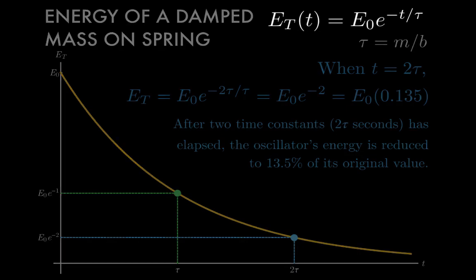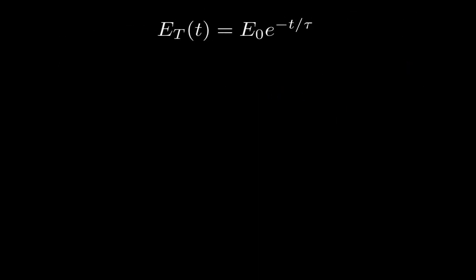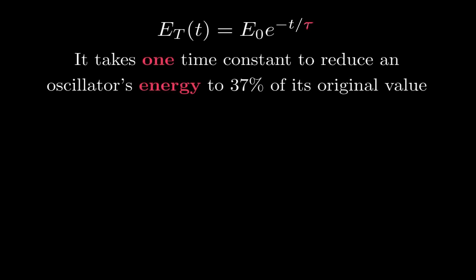So returning back to our expression here for the energy, we note that it takes one time constant to reduce an oscillator's energy to 37% of its original value. But we did some manipulation to get to the energy expression, and I want to look back at our original kinematic expression for the displacement, or the amplitude. The amplitude was equal to A e to the minus bt over 2m.